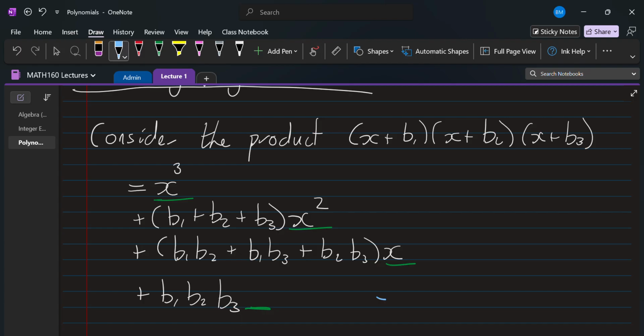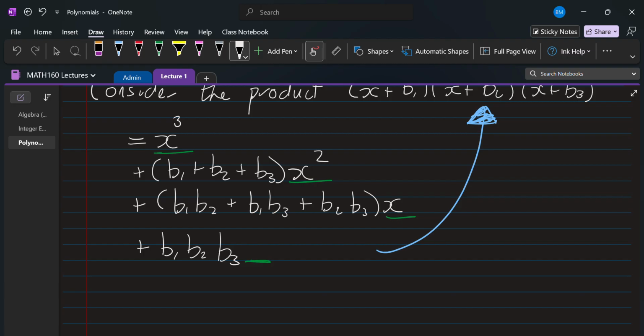up with x cubed. Then we're going to have a plus b1 plus b2 plus b3 x squared. You can just check by multiplying that out.